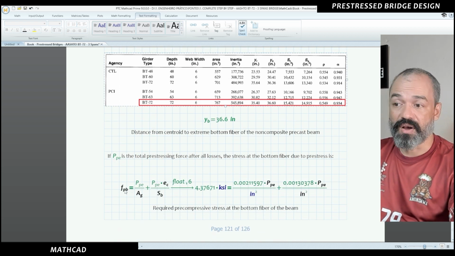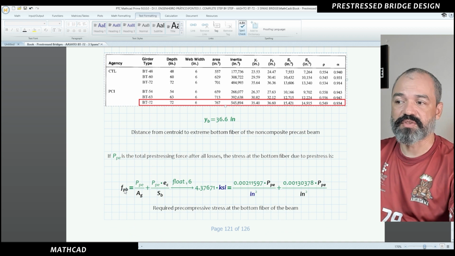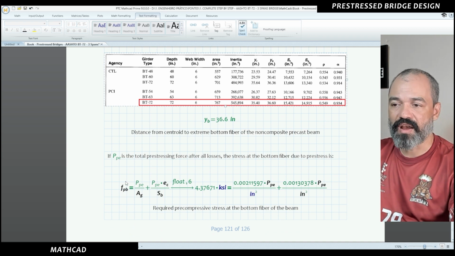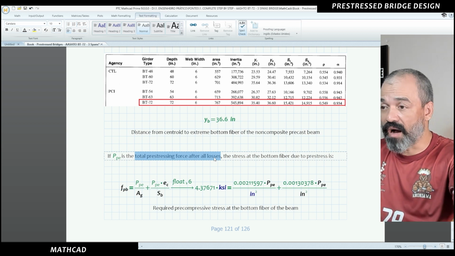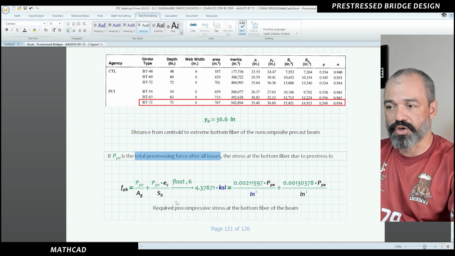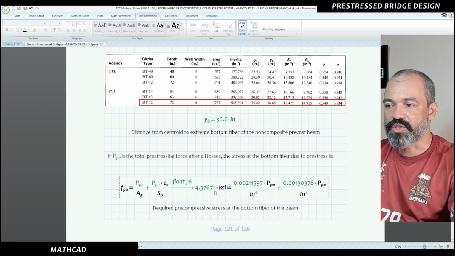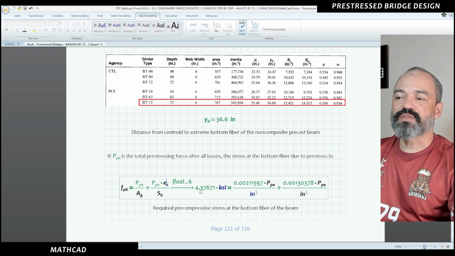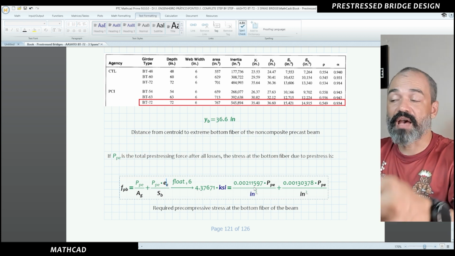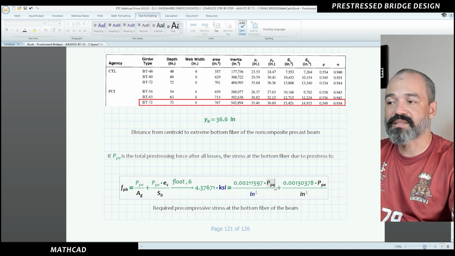All right. The required precompressive stress at the bottom fiber of our beam is due to the Ppe. What is Ppe? The total prestressing force after all losses on our girder, right? The area of the girder, the section modulus, the eccentricity. So you got 4.3 ksi, but you have to find what is this total prestressing.